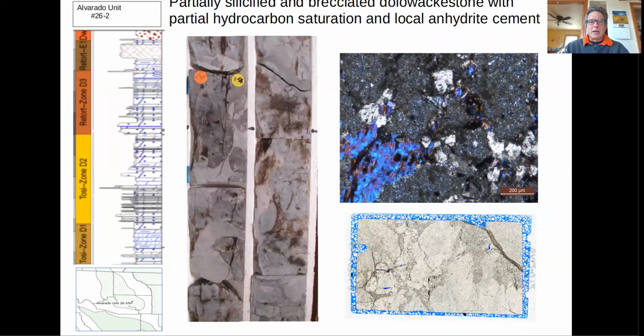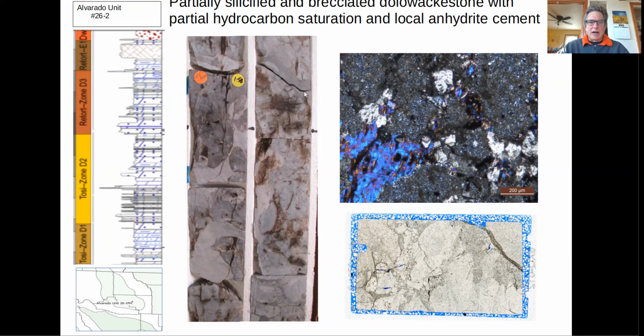Here's one of the more interesting and unusual facies that we see in the Alvarado Core from the Bighorn Basin. It's essentially a chert breccia whereby much of the dolomite has been partially or completely silicified, and then the entire section has undergone significant amounts of chemical compaction, that is, removal of mass through the development of these pressure solution seams.